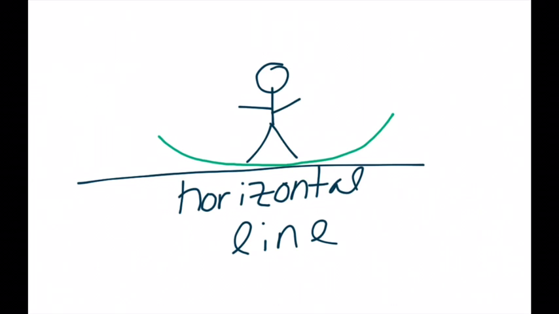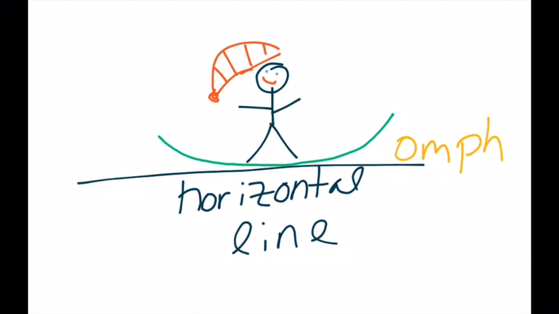He's just standing there, chilling, on this horizontal line. If he's just standing there, how fast is he going? Is he moving at all on a horizontal line? Well, no. His speed would be 0 miles per hour. So if it's a horizontal line, a snowboarder is going 0 miles per hour. That helps us remember that the slope of a horizontal line is 0.